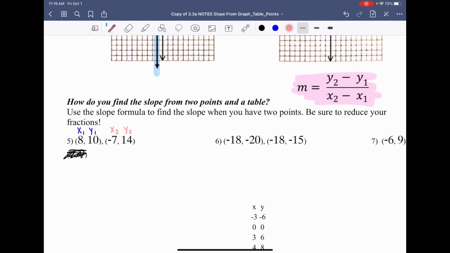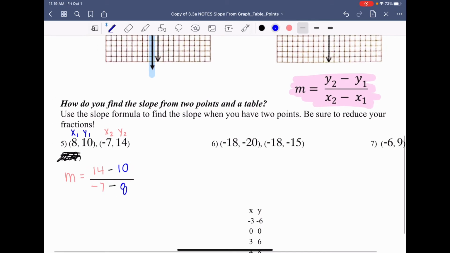And then I just put them in our formula. So m equals slope, by the way. M is the same thing as slope. It says y2 should go on top of the fraction. So I'm looking for my y2, which is 14. I'm going to subtract my y1, which is 10, divided by my x2, which is negative 7, subtracting my x1, which is 8.